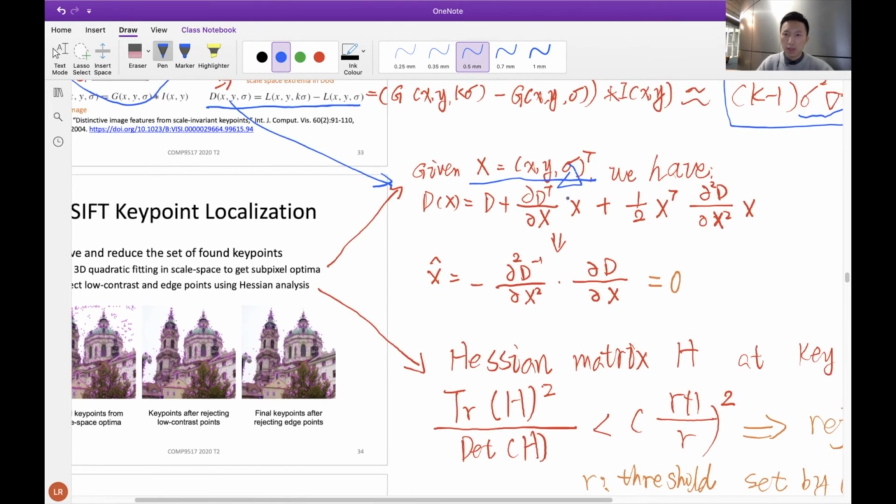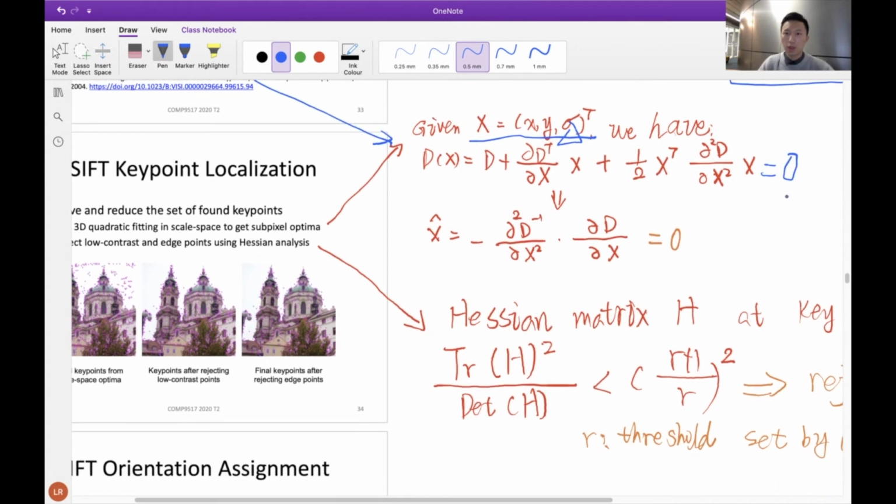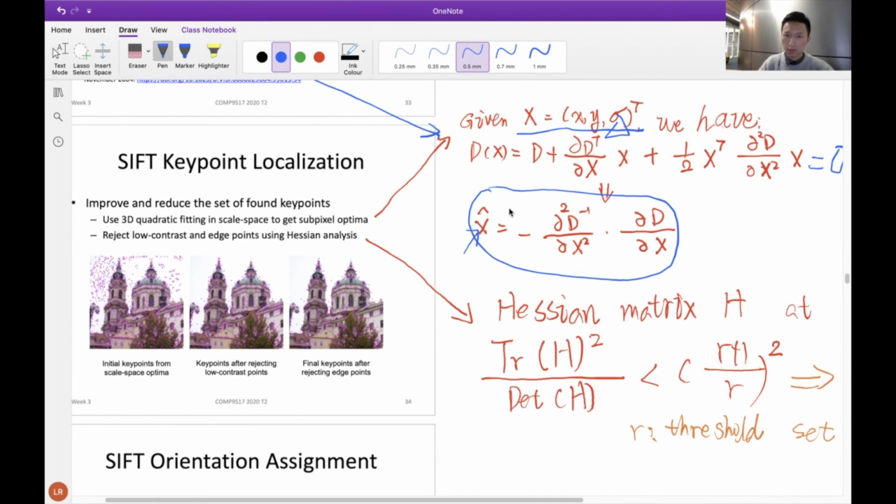By setting this to be 0, because we are taking its derivative, now we have this. Sorry for any misunderstanding, I should remove this part. So after calculating the x vector here, we can get the key points.